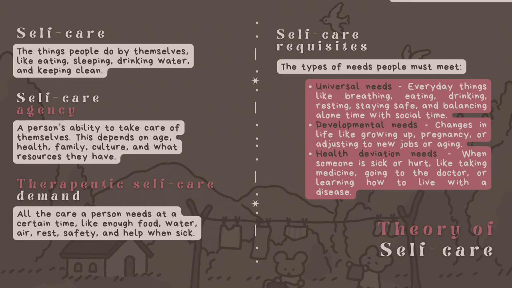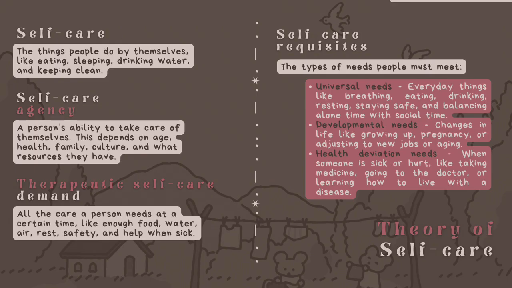Kung sa developmental needs naman, yung life stages. Pero sa health division needs naman is, nagkaroon ka ng, involved na rito yung sakit. Meaning, meron kang iniinda sa katawan mo. Especially dito kasi sa physical, ang health dito.